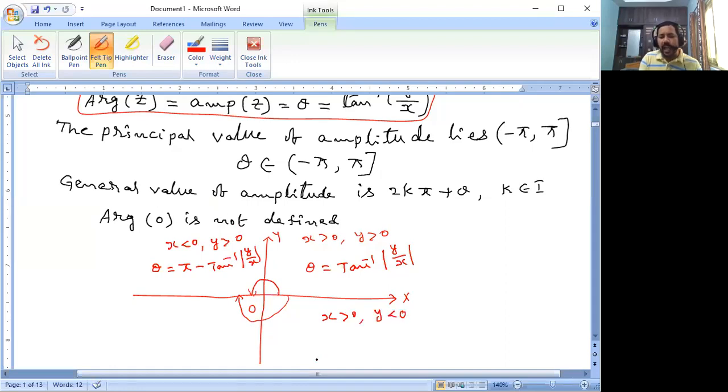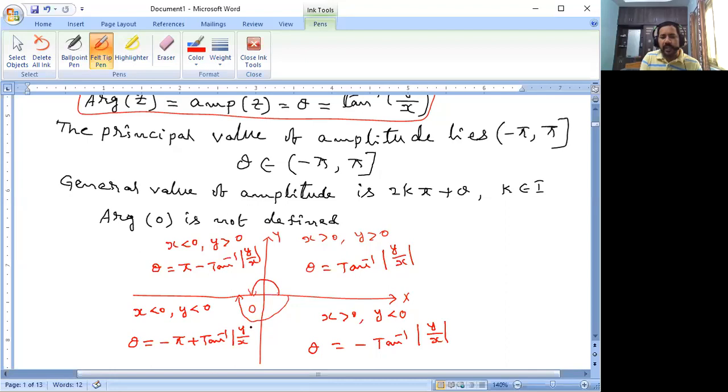Theta is equal to minus tan inverse mod y by x. If the complex number lies in the third quadrant, x and y both are negative. Then the amplitude is minus pi plus tan inverse mod y by x.